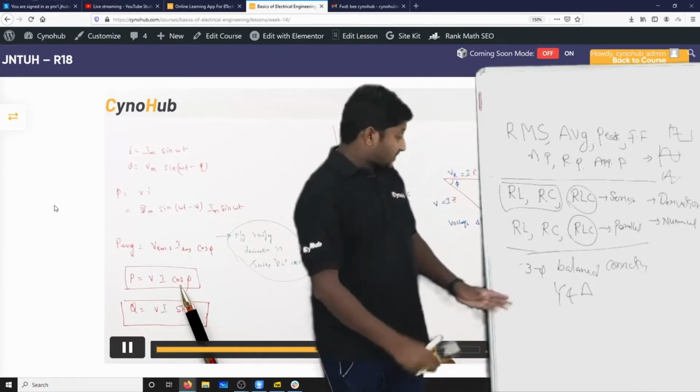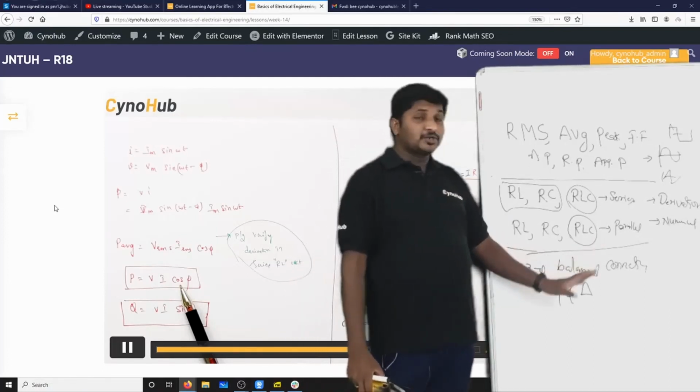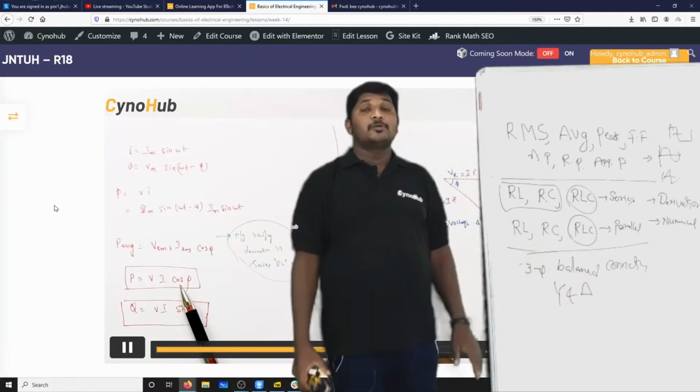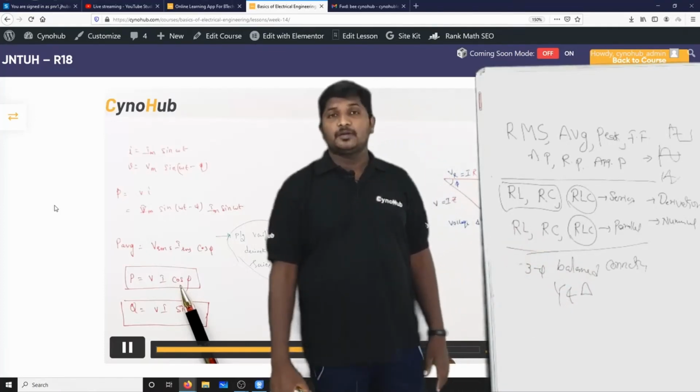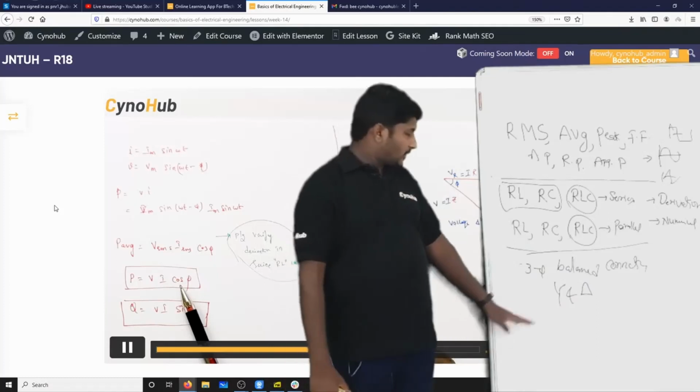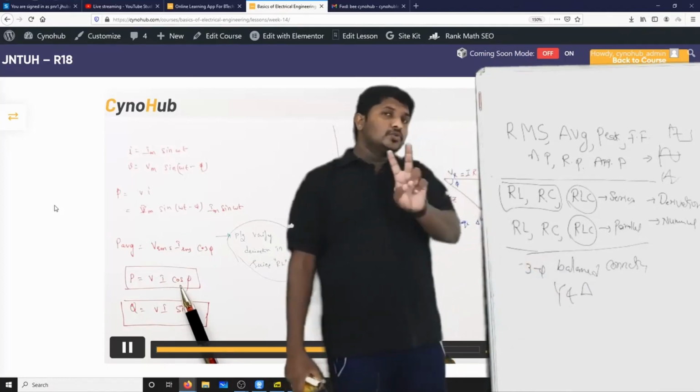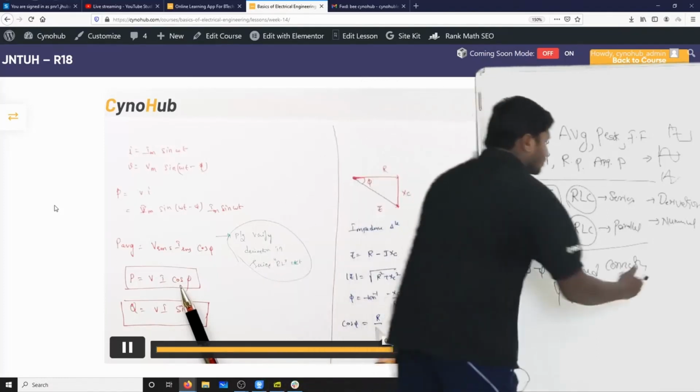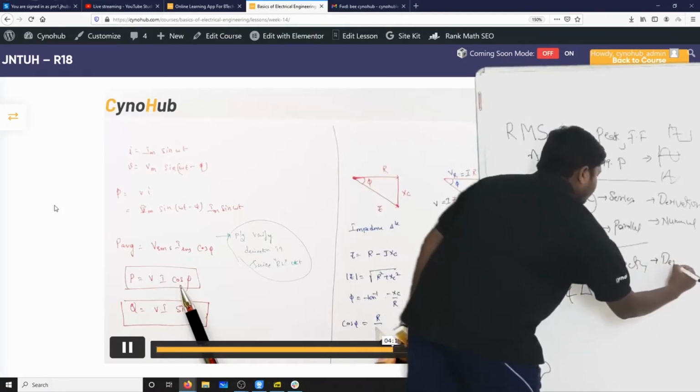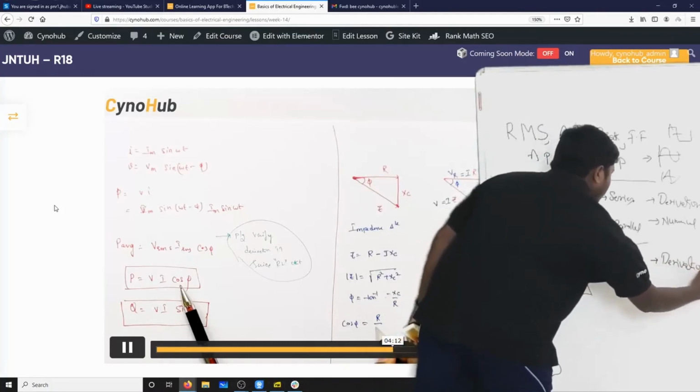Okay. Next, come to the 3-phase balanced connection. It is star and delta combinations. Here you will get 2 models. Here also you will get derivations. So what are the derivations?